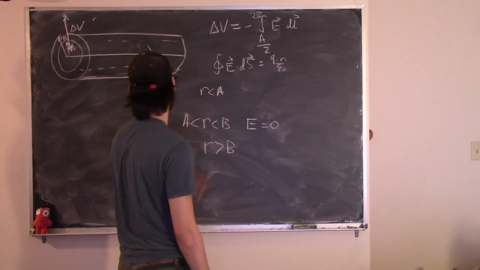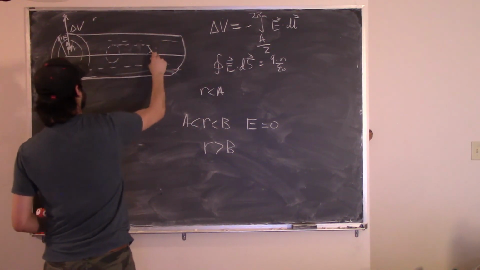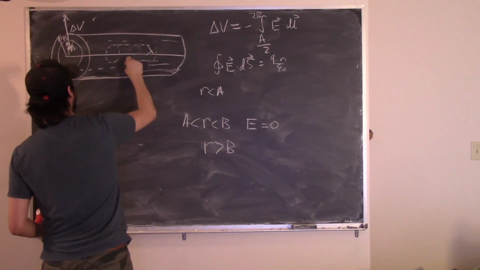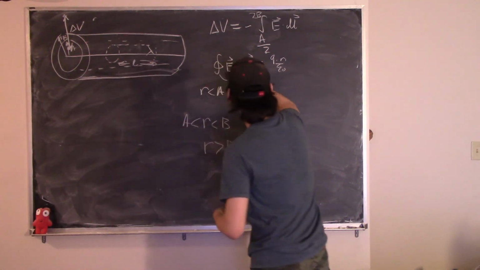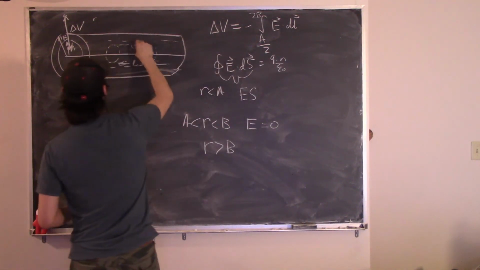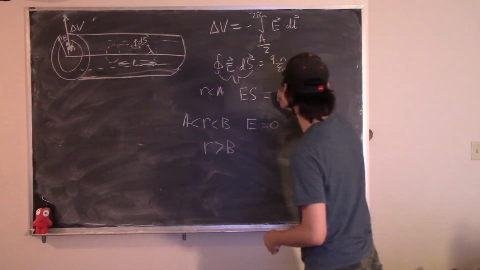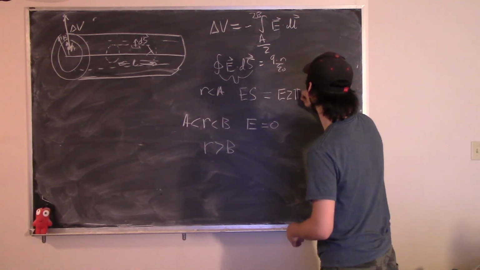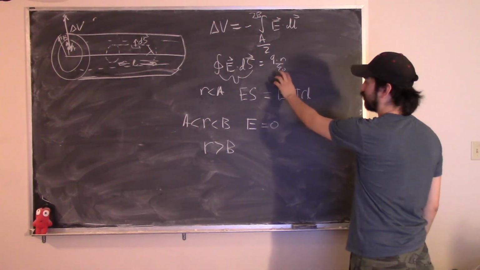Okay? Now we need to worry about the region for r is less than A. In order to do that, we can draw some Gaussian surface, and give this Gaussian surface some length of L. When we evaluate Gauss's law here, the left-hand side is just going to be E times S. This S is the surface area of the outside of the cylinder, so this is E times 2 pi r times L. The right-hand side is going to be Q in divided by epsilon naught.